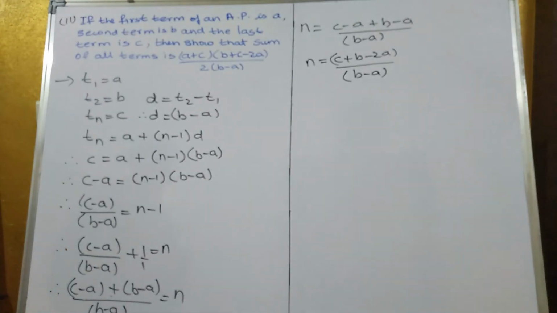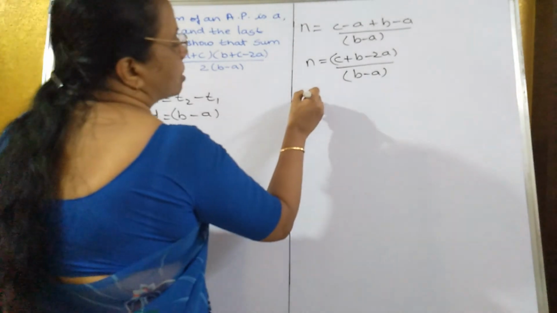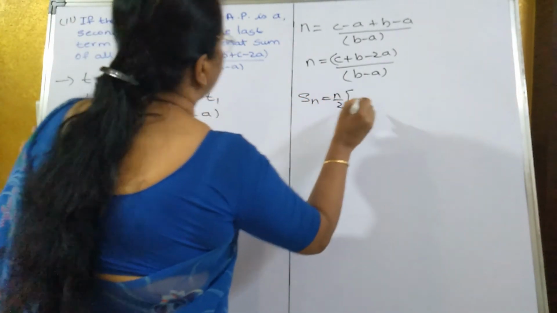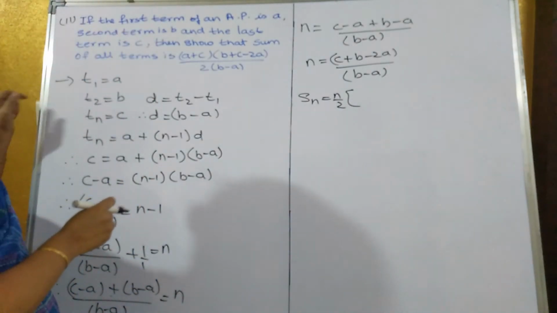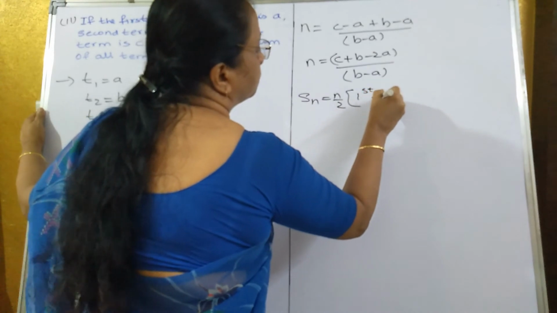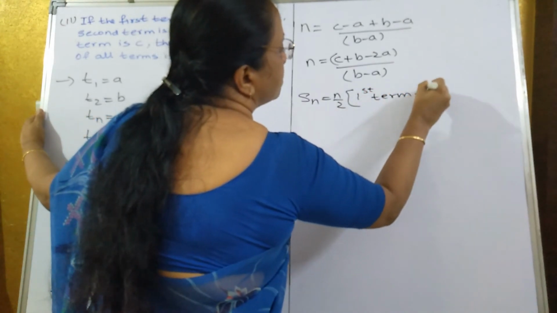Now use the formula of Sn. Sn is equal to n upon 2. Since we know the first term and the last term, we will use this formula: first term plus last term.